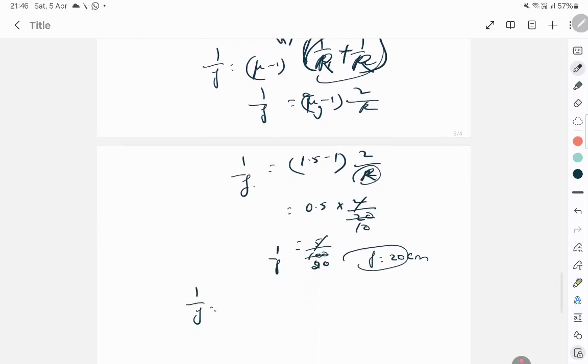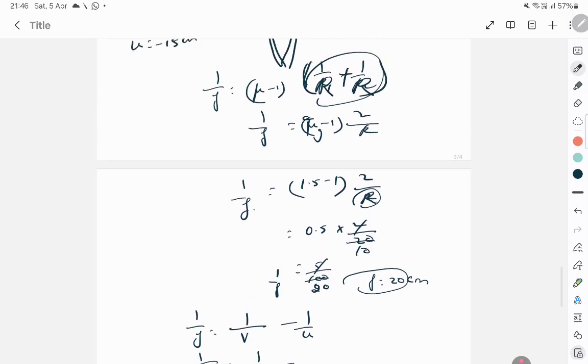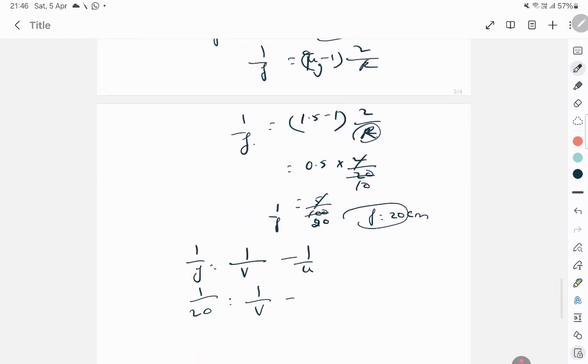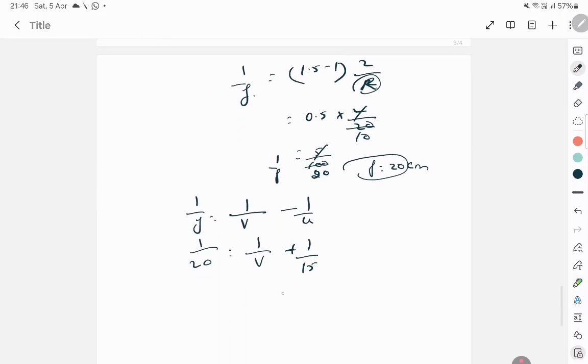You get the focal length, and then 1 by f is equal to 1 by v minus 1 by u, where 1 by f is plus 20 is equal to 1 by v minus, the lens formula has the minus sign, and u itself is minus 15, so it will become plus 1 by 15. So 1 by v therefore is 1 by 20 minus 1 by 15. This itself can be written as 60, because 3 twenties are 60 and 4 fifteens are 60. So 3 minus 4 is minus 1 by 60. Therefore v is equal to minus 60 centimeter.